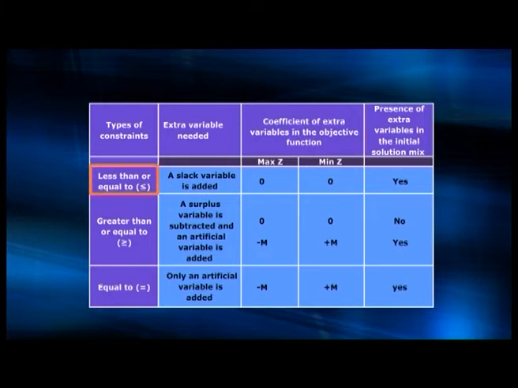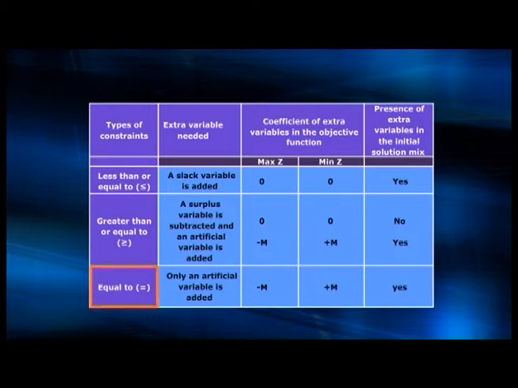Under the less than or equal to condition, a slack variable is added, which leads to zero values in both maximum z and minimum z. Under the greater than or equal to condition, a surplus variable is subtracted and an artificial variable is added, which leads to the values 0 and minus M in maximum z and 0 and plus M in minimum z.